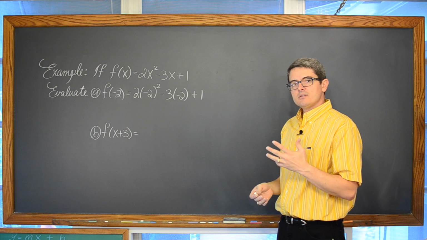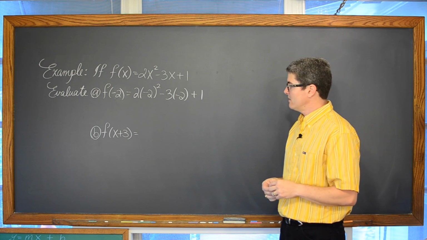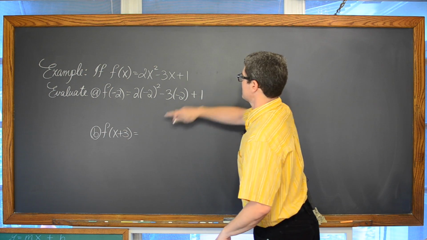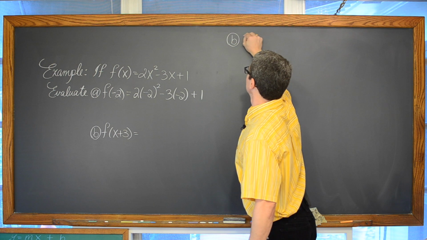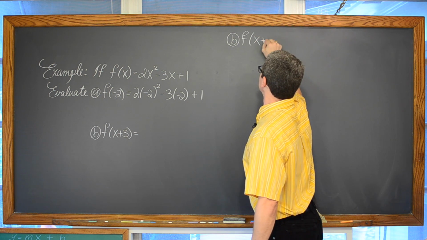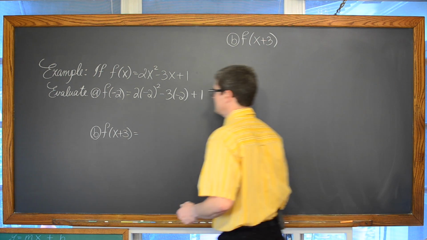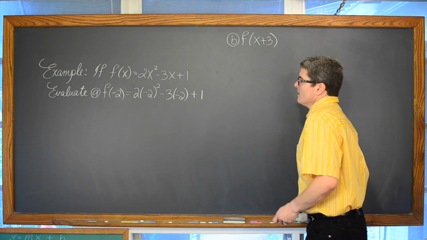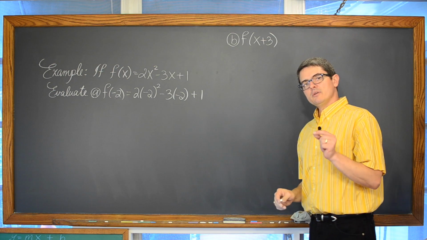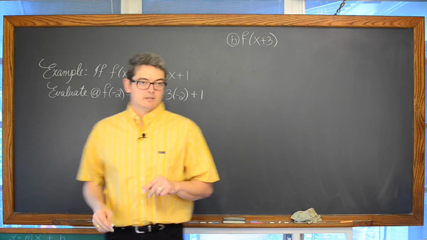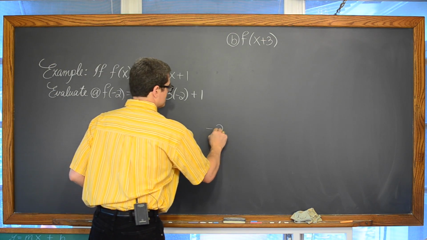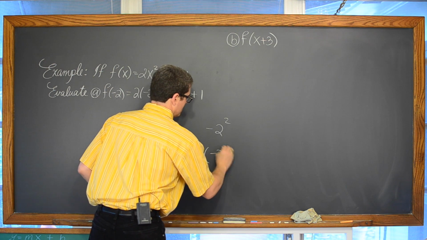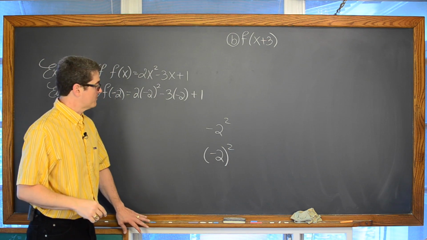And now let's simplify or evaluate this expression. Okay, there is a difference between negative 2 squared and negative 2 squared, with the parentheses.